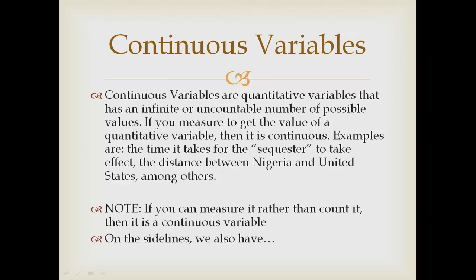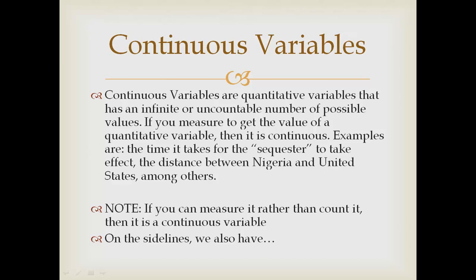We knew that the sequester in the United States started on a Friday, so what time does it take to now see the effect, due to the ineffective and inactive senators and congressmen who are always at loggerheads. That's by the way. Then the distance between Nigeria and the United States, we measure it. We measure time. We measure distance. We don't count it. So these are continuous variables.